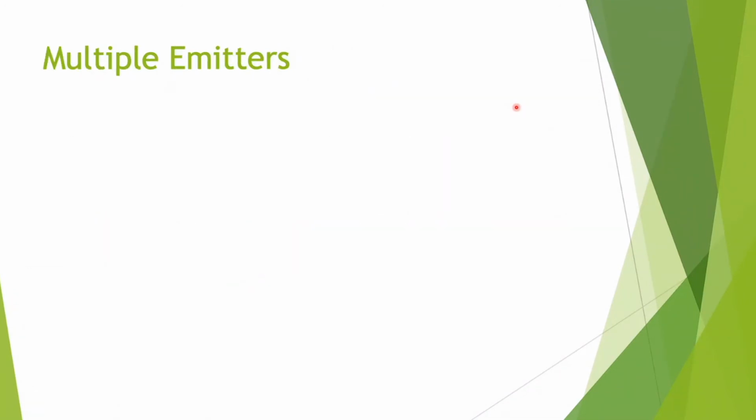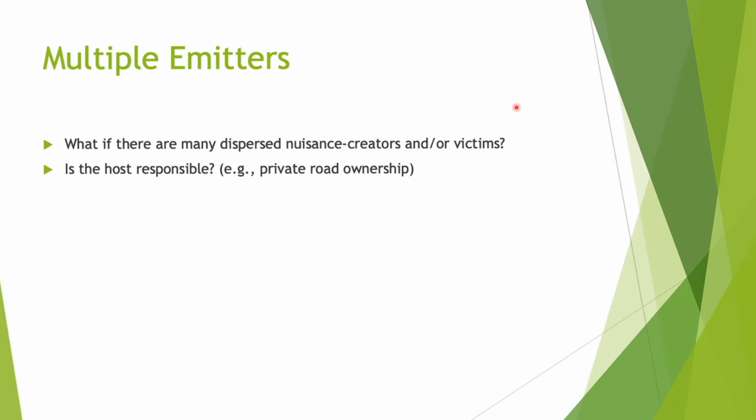I'll wrap up by just mentioning the problem of multiple emitters, and this is really a difficult problem. What if there are a lot of dispersed nuisance creators or a lot of dispersed victims? So you've got some factory that's generating air pollution, and it spreads over possibly millions and millions of people who are breathing that air. Is the host responsible?